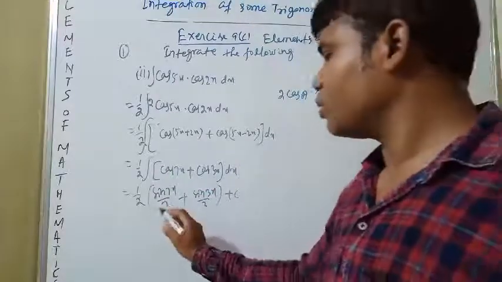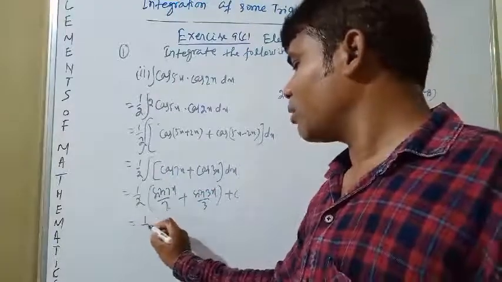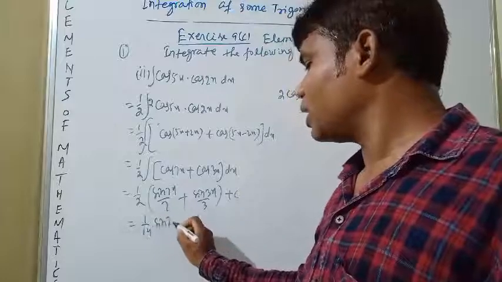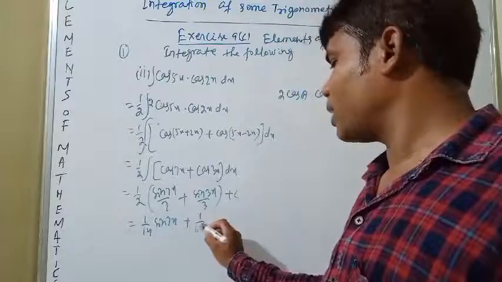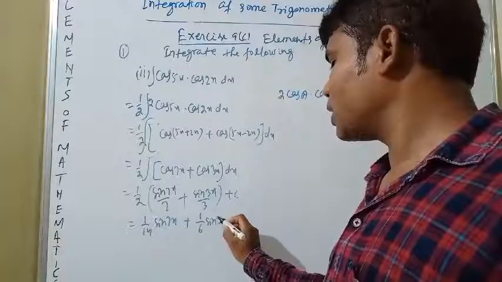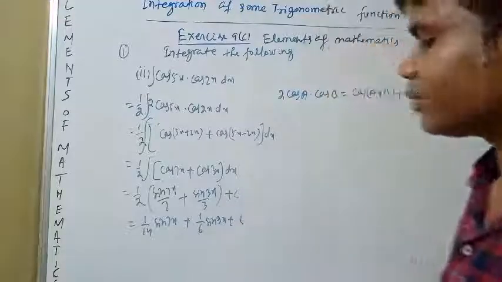If you multiply with half, you get 1 by 14 sin 7x plus 1 by 6 sin 3x plus c.